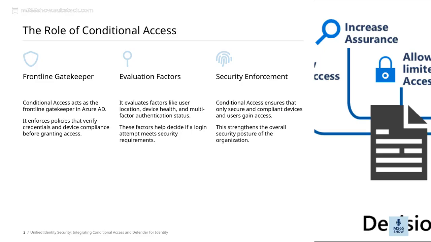It enforces policies that verify credentials and ensure device compliance before access is granted. This way, we're proactively protecting our environment by making sure only the right people and devices get in. Ultimately, this approach helps us maintain a secure and compliant organization, seamlessly integrating security enforcement into everyday access processes.